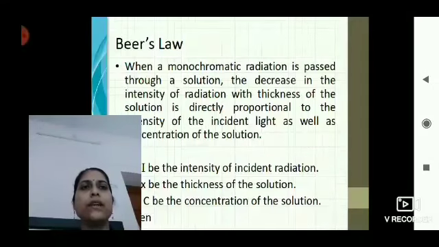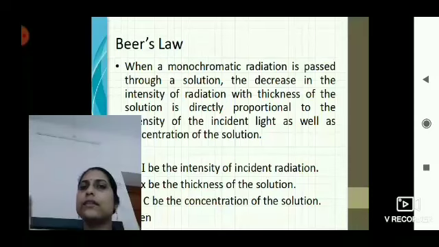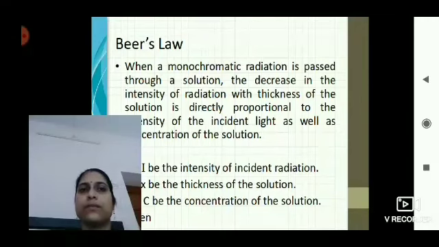Now, what does the Beer law state? When monochromatic radiation passes through the solution, the intensity gets reduced. The reduced intensity with respect to the thickness of the solution is directly proportional to the concentration of the solution.